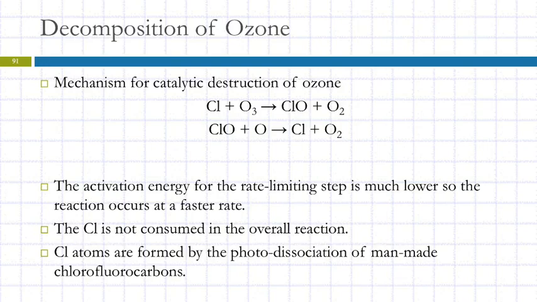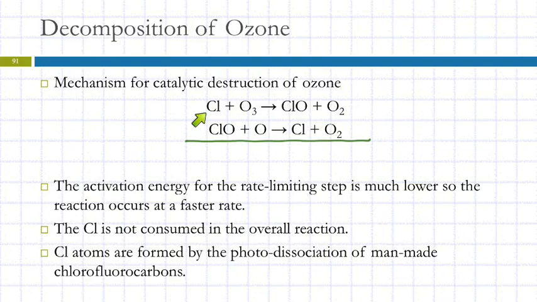So here's a mechanism for the catalytic destruction of ozone with chlorine as the catalyst. So if this is a good mechanism, then these reactions must add up to the overall reaction, right? So we've got a chlorine on each side. That's the catalyst.